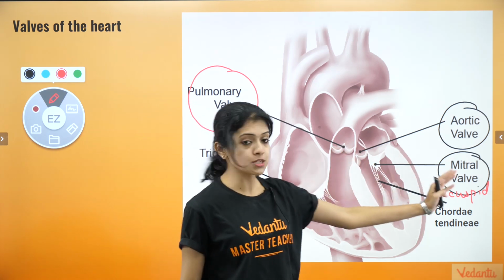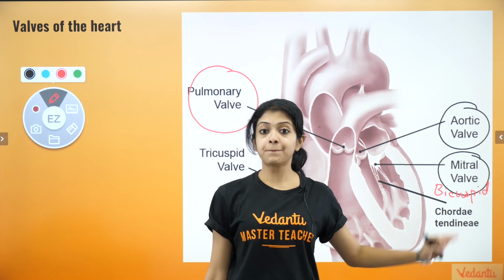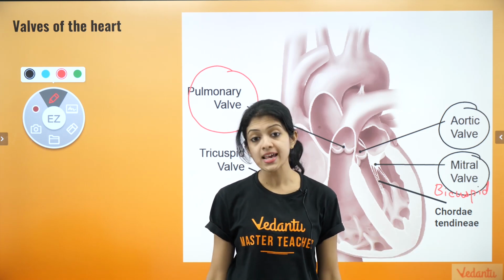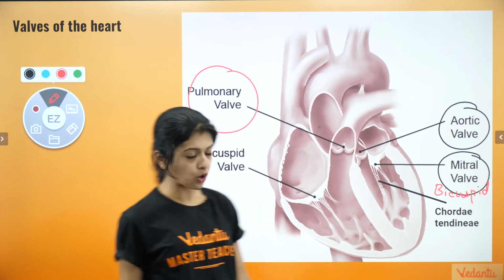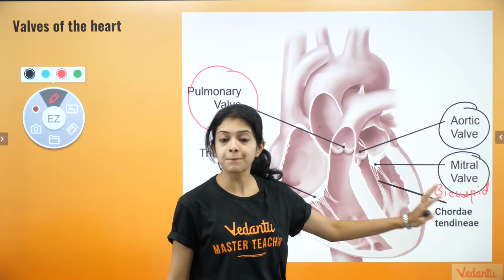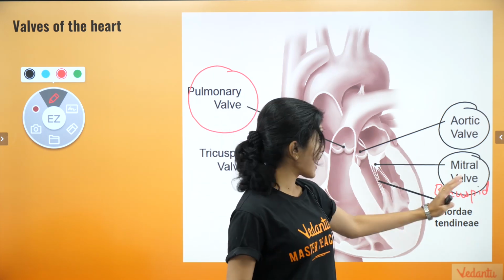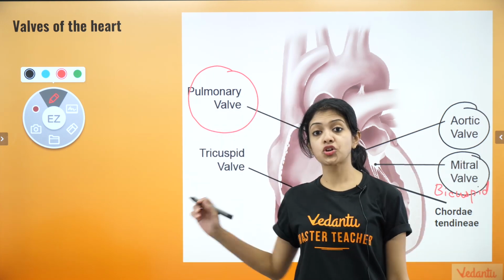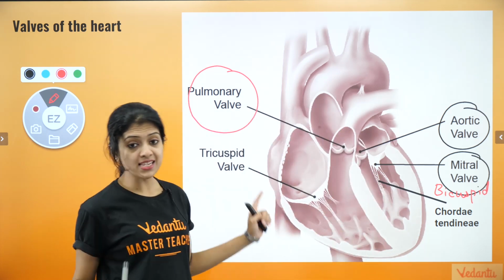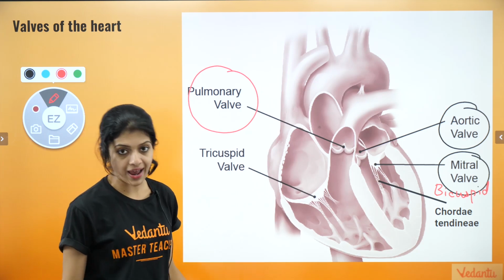Okay, bicuspid on the left, tricuspid on the right. And bicuspid is also called the mitral valve. Create some mnemonic if you're confused with that. Mitral, bicuspid, MB. And that is present on the left side. Tricuspid or the right atrioventricular valve is found on the right side.